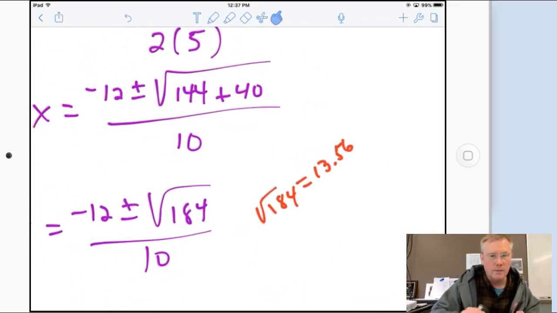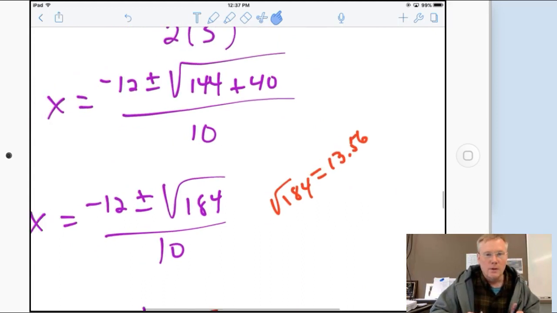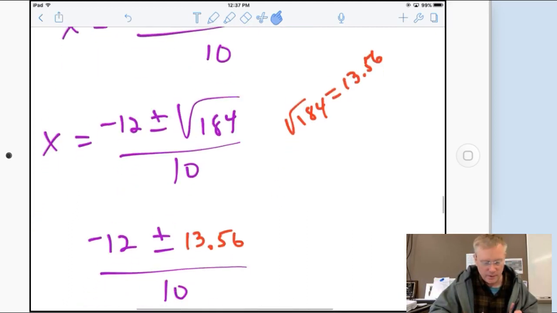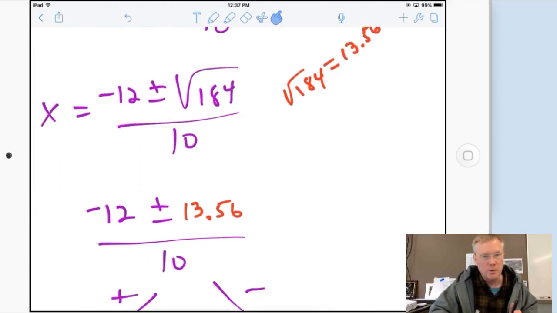okay, so over here, if I take the square root, add these together, I get positive 184. And the square root of 184 is 13.56. And if I substitute that in where the radical was, negative 12 plus or minus 13.56 divided by 10. And then I'm going to break up the plus or minus.